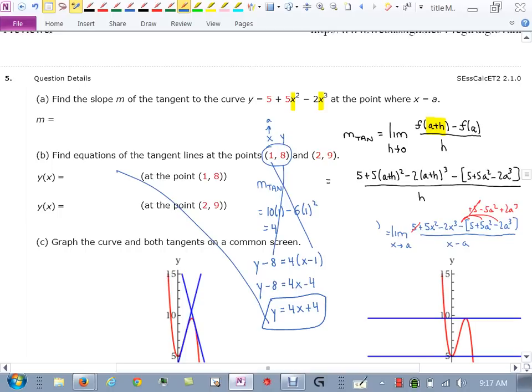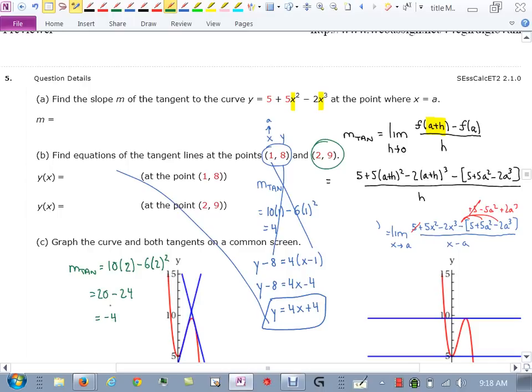And then to do the other one, this one, first we have the slope of the tangent line will be equal to 10 times a, which is 2, minus 6 times a, which is 2 squared. So we get 20 minus, let's see, 2 squared is 4, times 6 is 24, so we get negative 4.